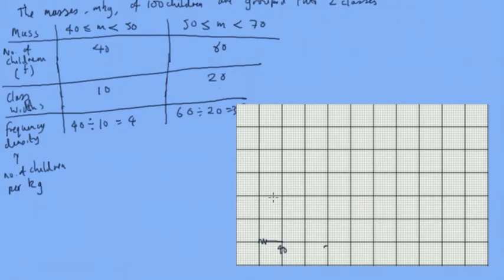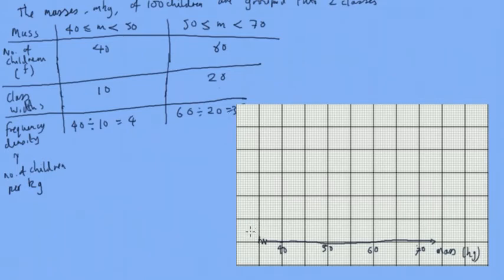So this is mass in kilograms. And up here we're going to have frequency density.